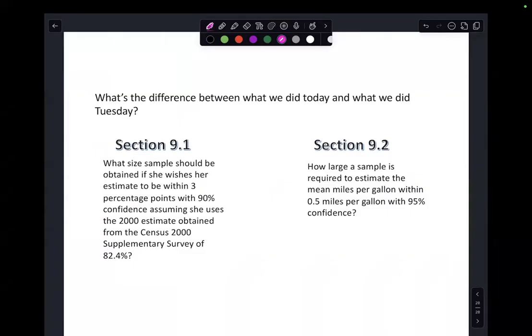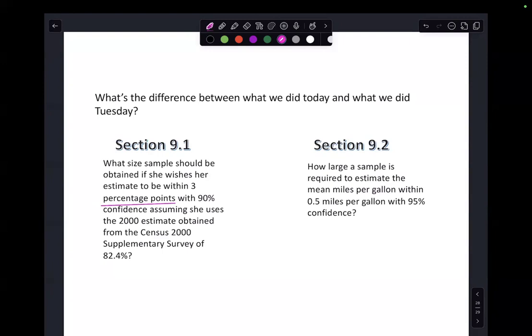So this is when you're looking for the sample size. When we're looking for a sample size, your margin of error is going to be percentage points for 9.1. It's going to say within 3% or within 5 percentage points or something like that.